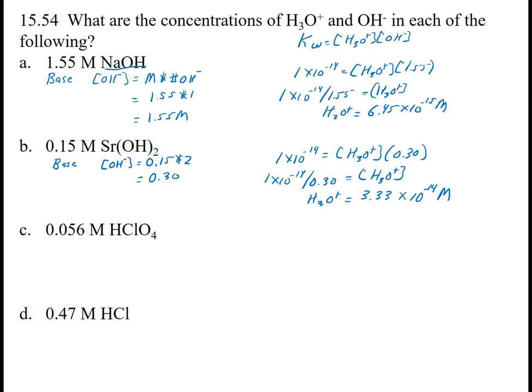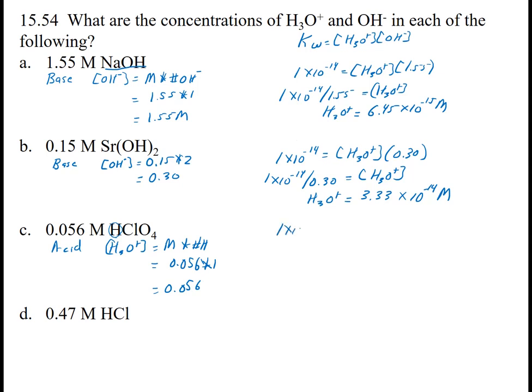All right, moving on. Now, again, first question, is this an acid or a base? This one's an acid because it starts with a hydrogen. That makes it an acid. However, because it's an acid, I get the H3O plus. It's still the molarity, but this times the number of hydrogens. So it's going to be 0.056 times 1 to be 0.056. I'm still using this top equation, Kw.